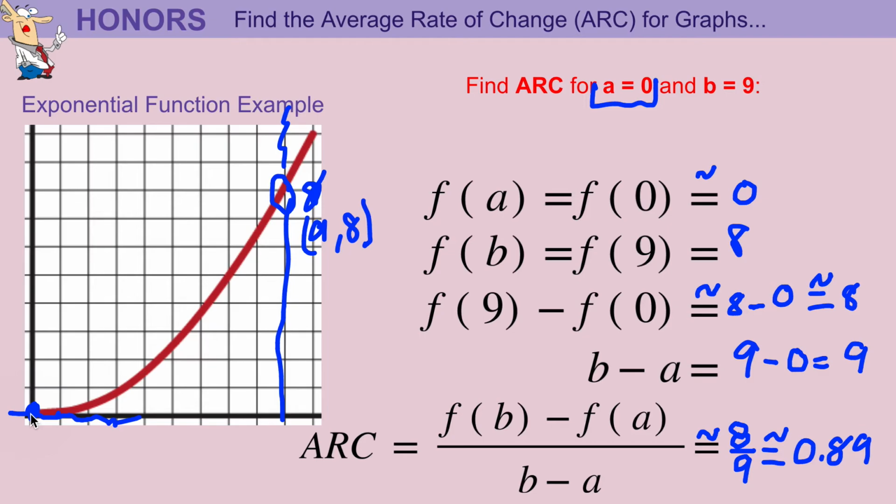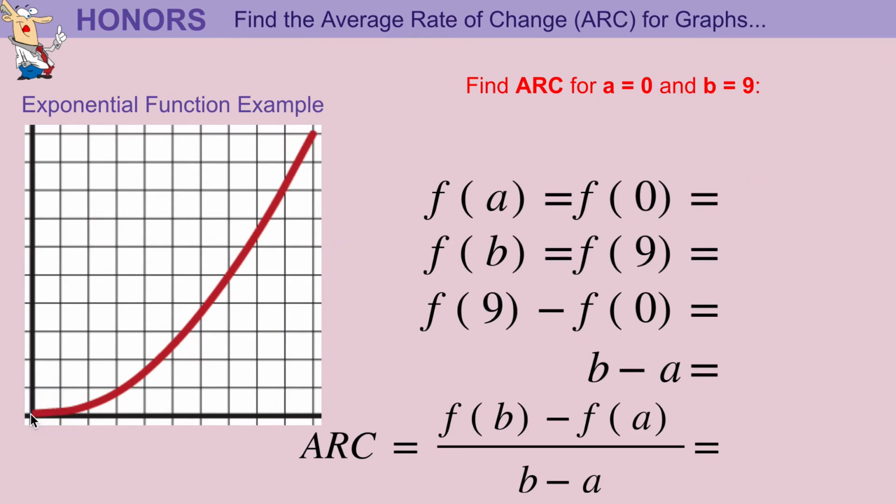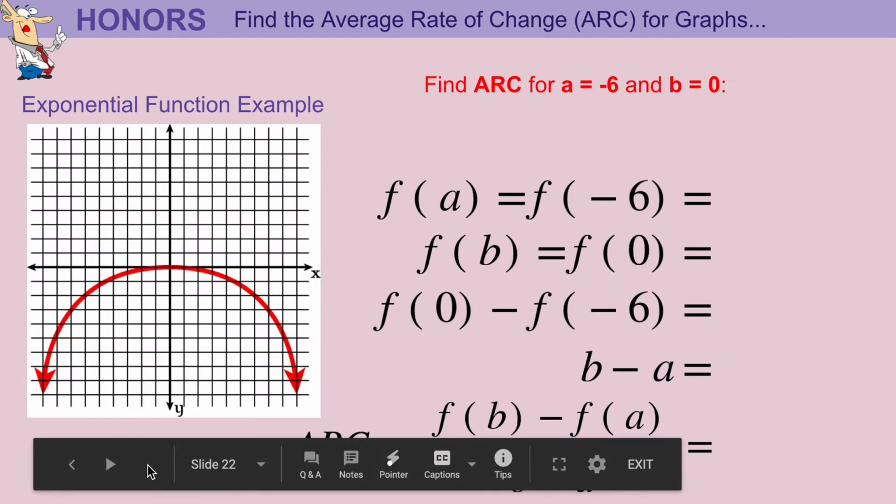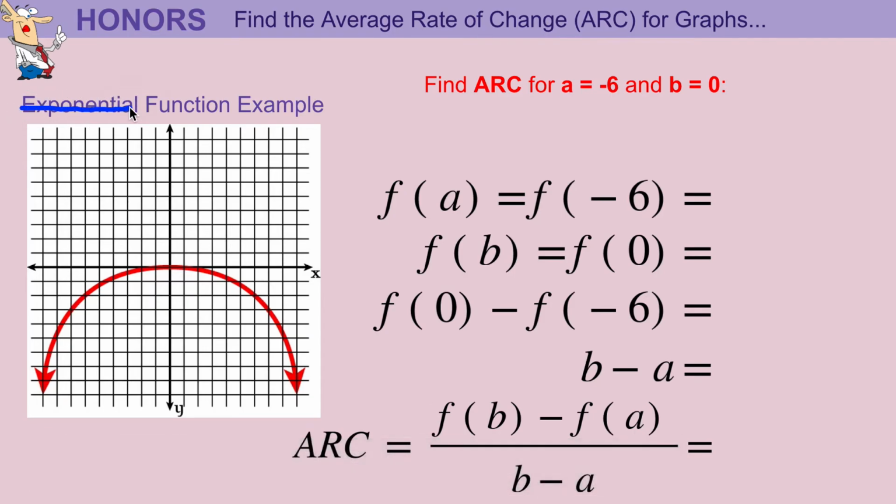All right, so let's go with the next one. The last one is a case where instead of having exponential, this should be other. And so we're going to evaluate this function that doesn't fit in either case at a equals -6 and b equals 0. So we're going to go to -6, which is 1, 2, 3, 4, 5, 6. So it's right here.